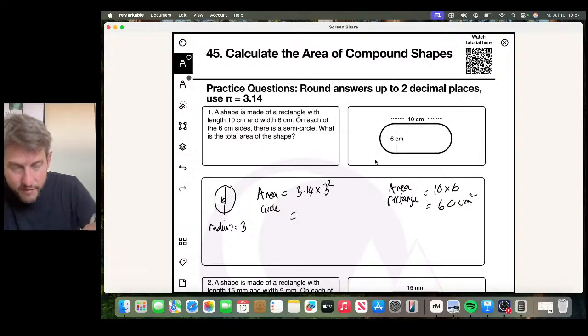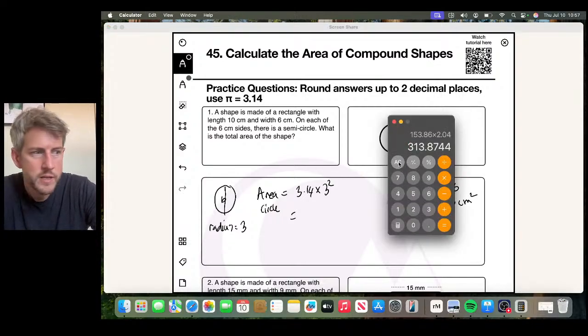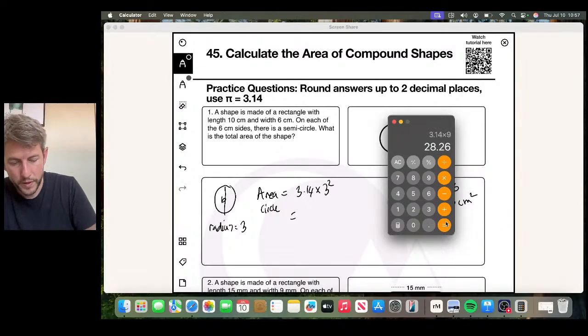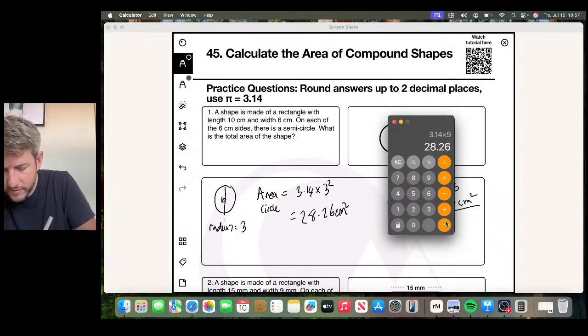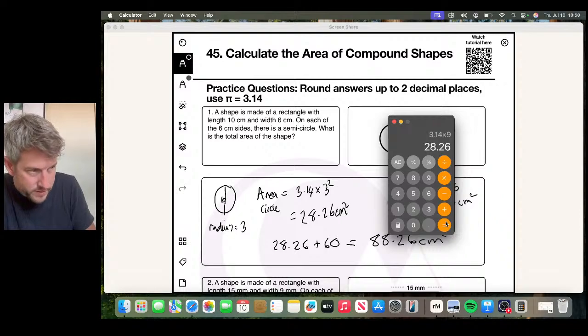I didn't actually finish the area of the circle. It's 3.14 times 9, and that will be 28.26 centimeters squared. So I need to combine these. Just add them together, 28.26 add 60, and that will be 88.26 centimeters squared.